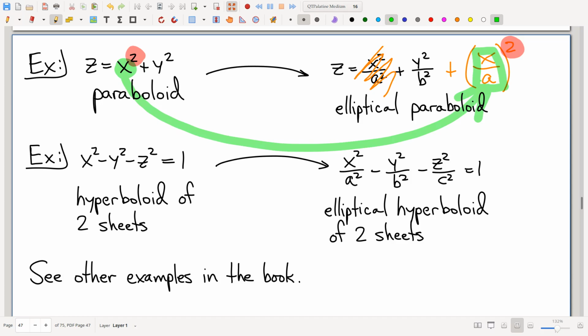So don't just look at the characters on the page, right? You've got to think about what the characters mean. The fact that we have a square of the x, whatever I replace the x with, that whole thing is going to have to get squared. So it's only x over a that I want to square, given what my actual goal is.